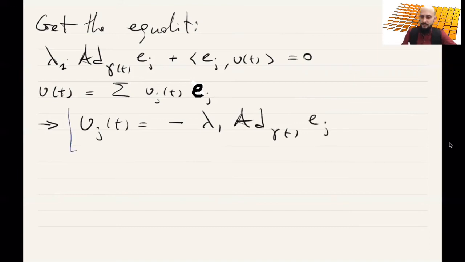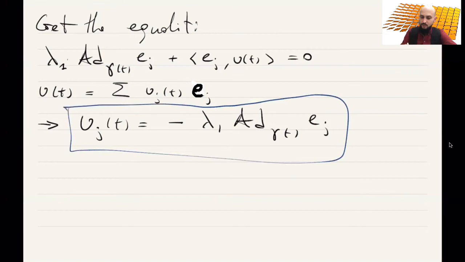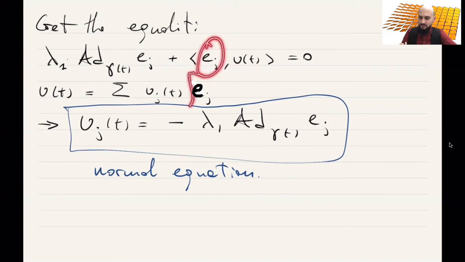This is an equation that we call the normal equation. Here, these ej are just the vectors xj at the identity, so ej is xj at 1.